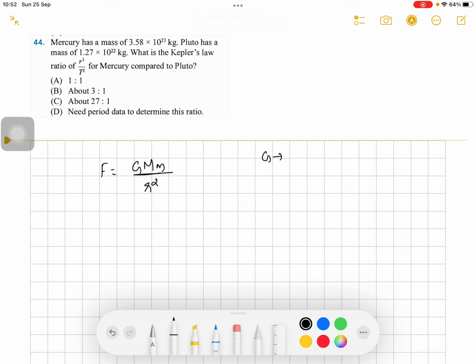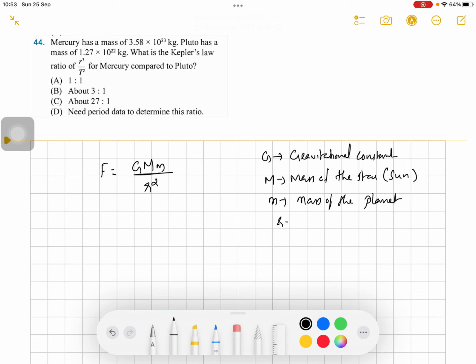Here G is the gravitational constant, capital M is the mass of the star, the Sun, around which the planet is revolving, small m is the mass of the planet, and r is the distance between the planet and the Sun.